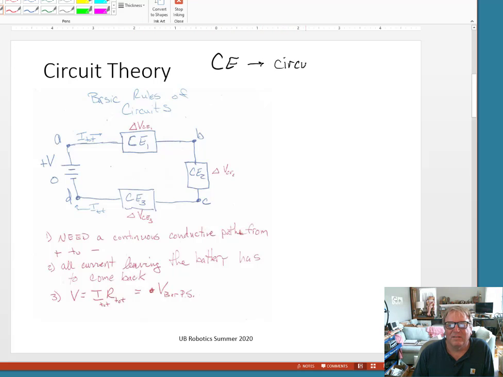And for us, it's going to basically be resistors, but also LEDs, and of course motors, which basically behave as resistors. LEDs are a little different. We might use a regular old light bulb as well.